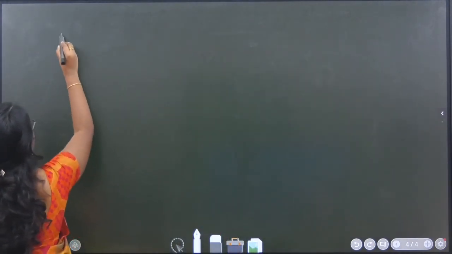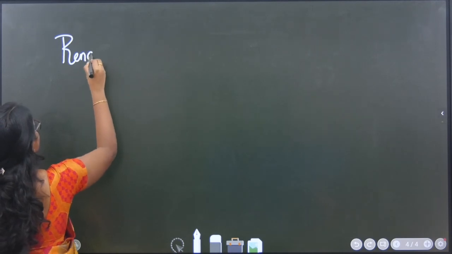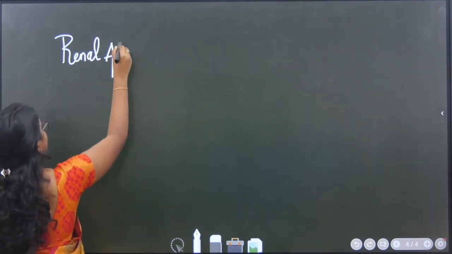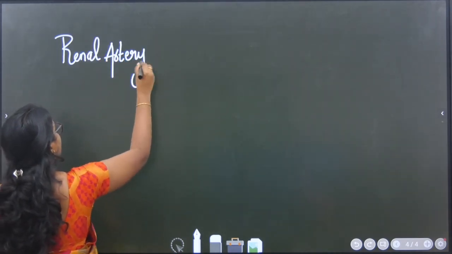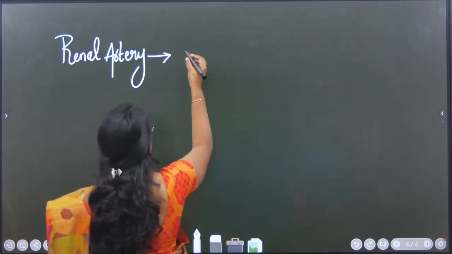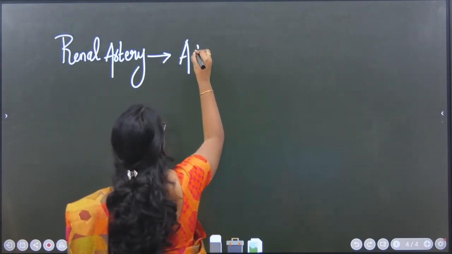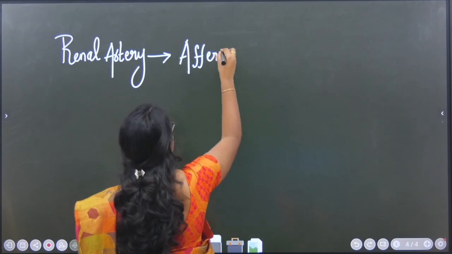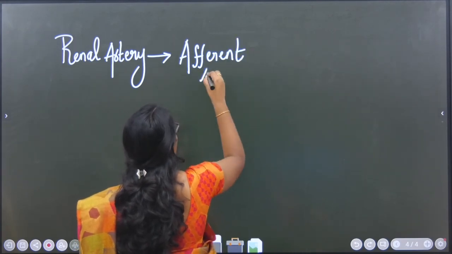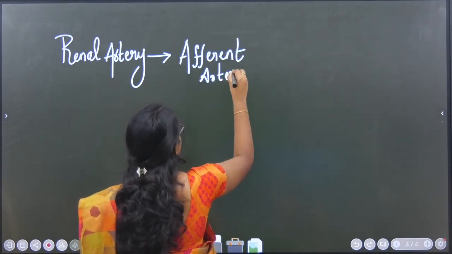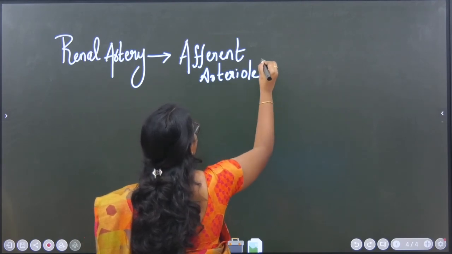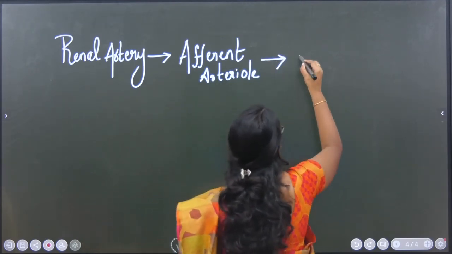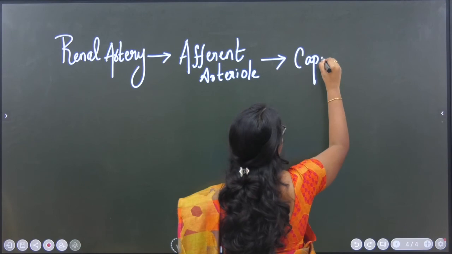Okay. So we all know that renal artery divides into arterioles. What is the arteriole name? Afferent arteriole. And now this afferent arteriole will cleave to form capillaries.